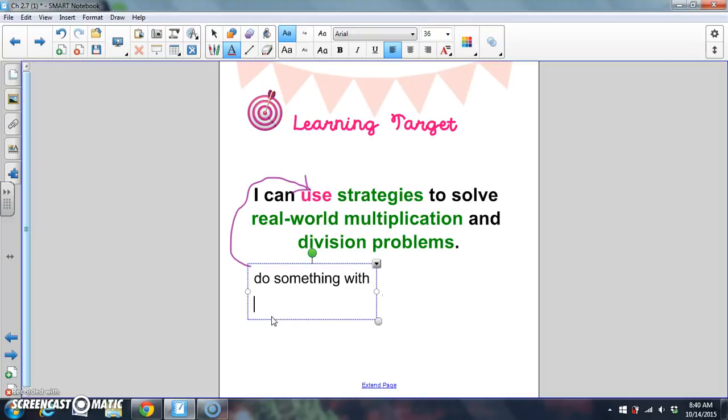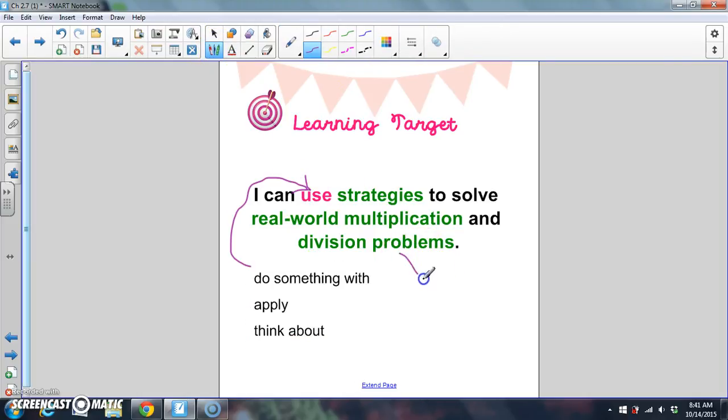We might apply or think about these strategies. Real-world multiplication and division problems.